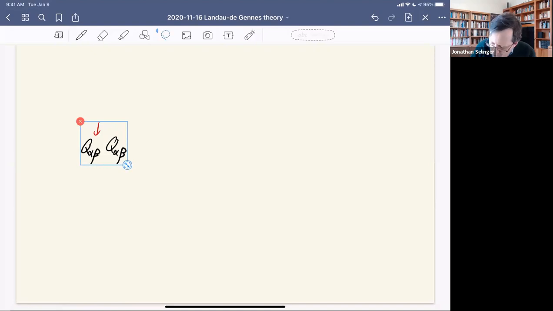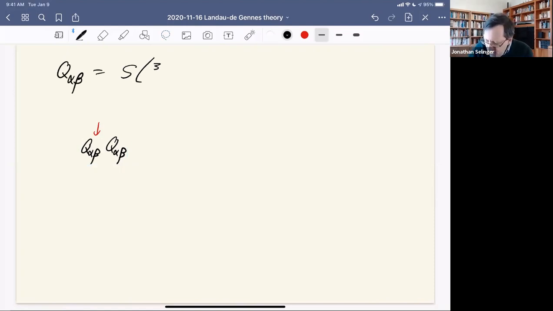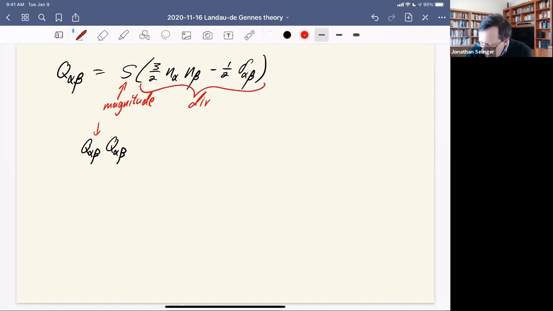All right, so now suppose that we have our Q tensor as the magnitude of nematic order S times 3/2 n alpha n beta minus a half delta alpha beta. So this piece has to do with the magnitude, and all this stuff has to do with the direction of the nematic order.